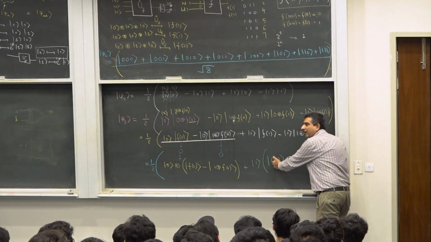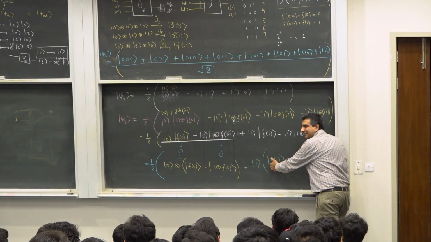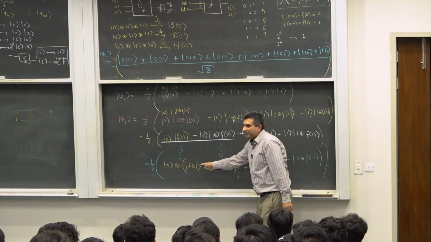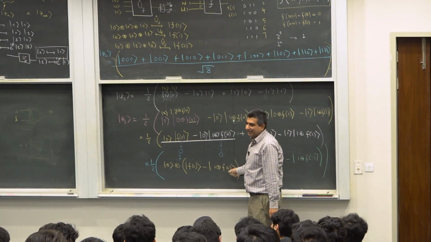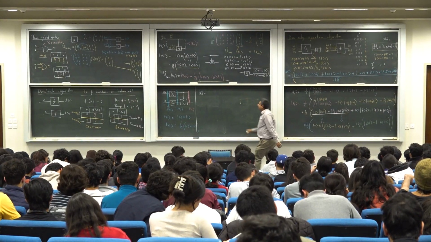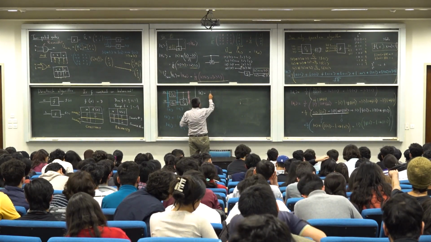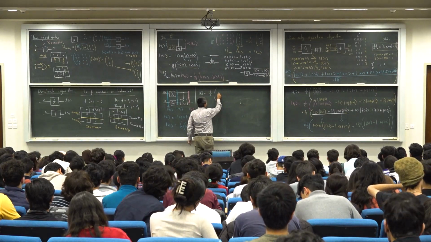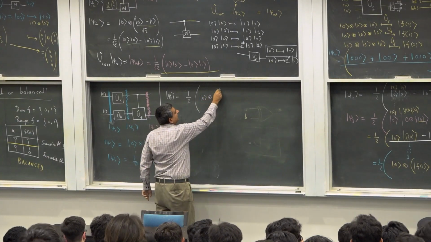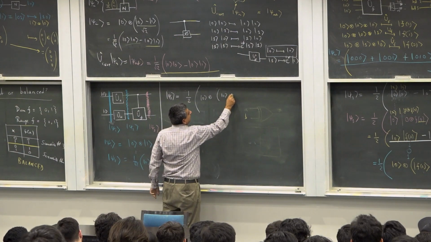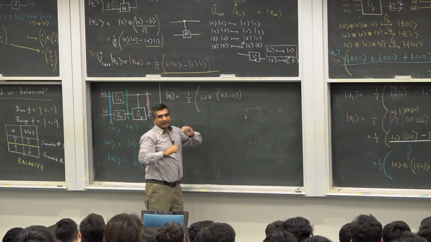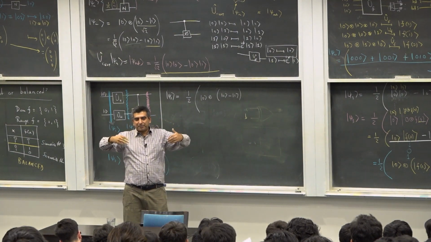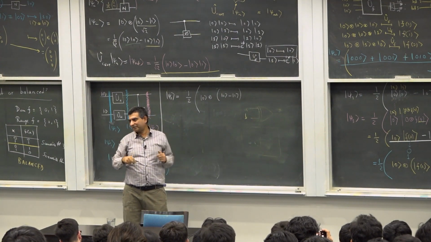So these two terms are opposite to one another. So you get 0 minus 1 here or 1 minus 0. Here you would get 0 minus 1 or 1 minus 0. So what you would like to do is the first qubit, so 1/2, this is our big coefficient, ket 0 crossed with ket 0 minus 1.